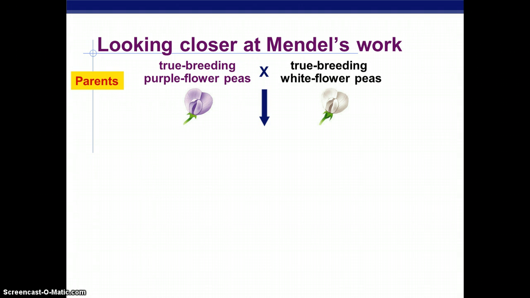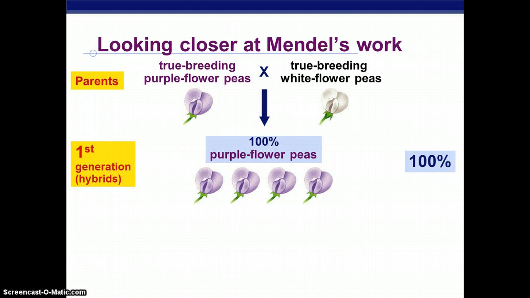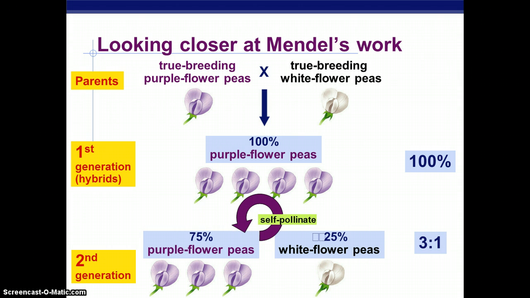So looking closer at Mendel's work, the parents were a true breeding purple flower with a true breeding white flower. The first generation were hybrids of the two, and they all expressed the purple color. They self-pollinated and resulted in the second generation.